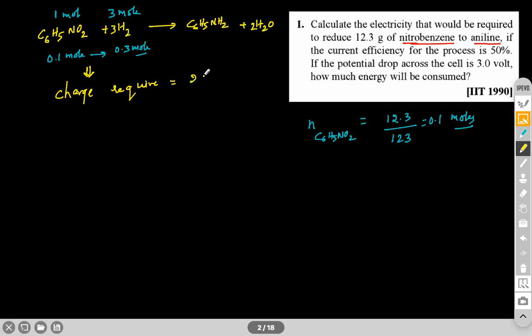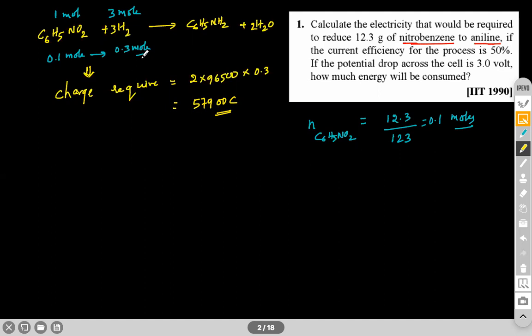So we'll write 2 into 96500, and we have 0.3 mole. This is the amount of charge required. When you solve this, you will get approximately 57900 coulomb. Okay, this is the charge required for this reaction to proceed.